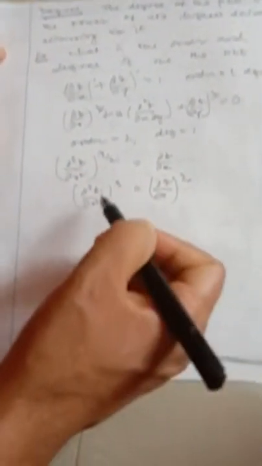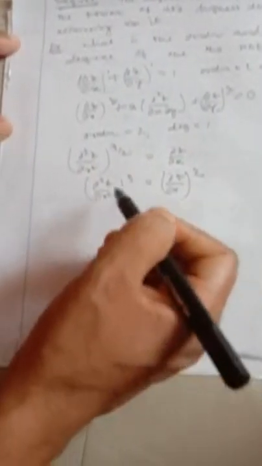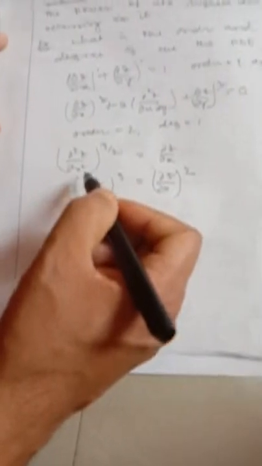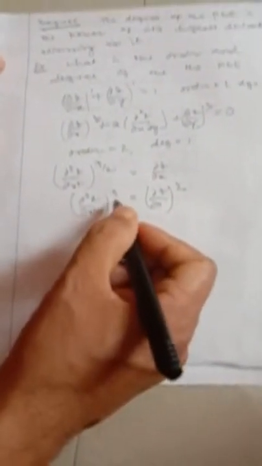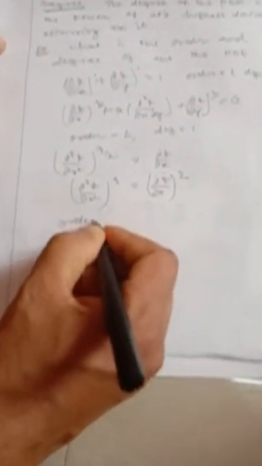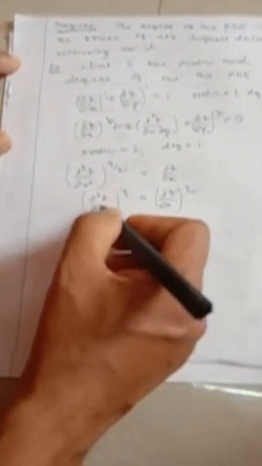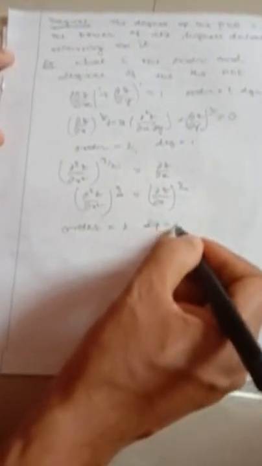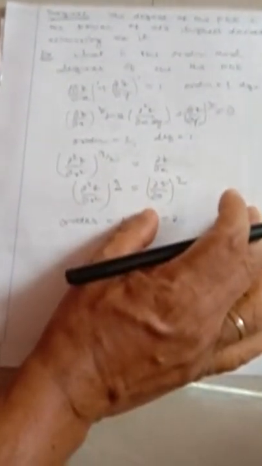Now my question is, what is the highest order derivative present here? Dou square z by dou x square. And what is the power of that one? 3. Now dou z by dou x has power 2. So what is the order here? Highest order is 2. And what is the degree? The power of highest order derivative, that is 3. So degree will be 3. So like this we can determine the order and degree of a given PDE.